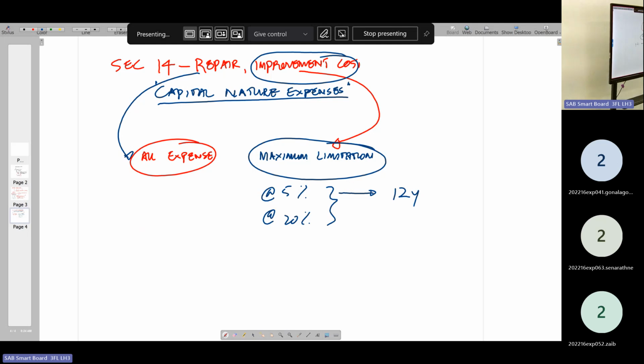In the case of other assets, over a period of 3 years. That is for repair and improvement cost.